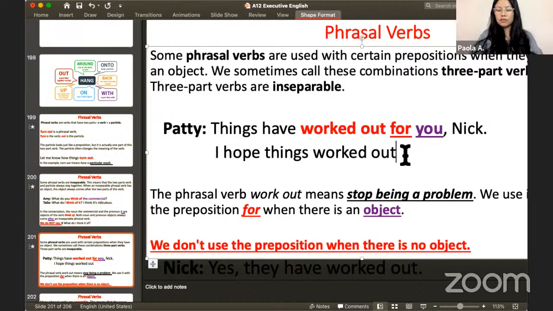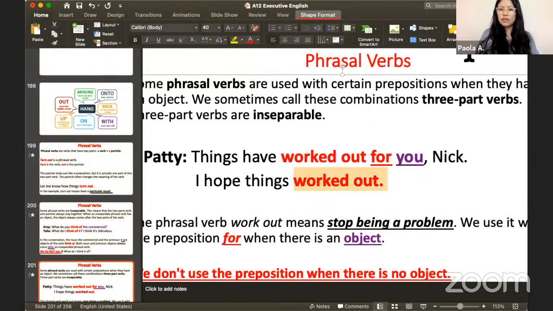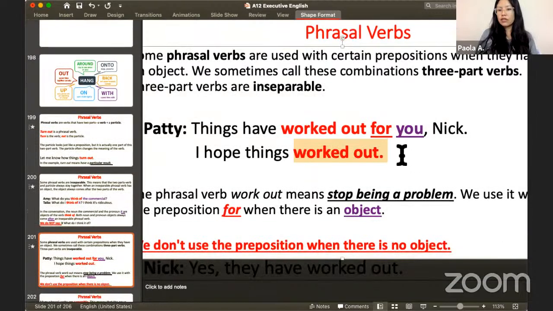It could be just like that. I don't need to add anything else. If I'm not really mentioning the object, which could be a job, or a project or anything, I don't need to use for. I'm just using work out, because I'm not mentioning the object. So I just use for when I introduce the object, who's receiving the action.